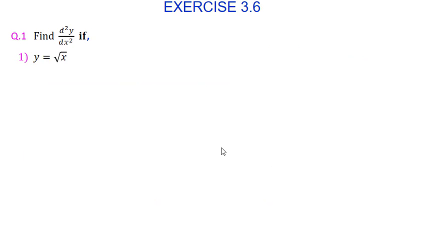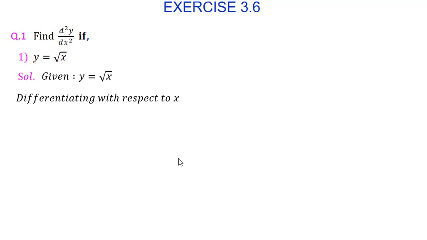Now let us solve a few problems related to second order derivative. Here we have to find d square y upon dx square, that is the second order derivative. The function given is y equals root x. First I will differentiate this y with respect to x. I will get dy upon dx as 1 upon 2 root x, that is 1 upon 2 x power minus 1 by 2.